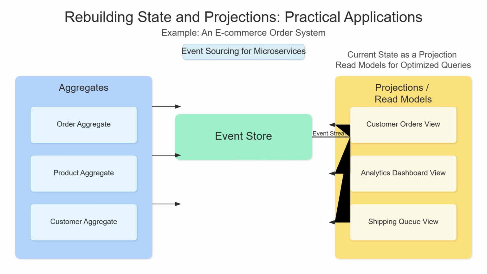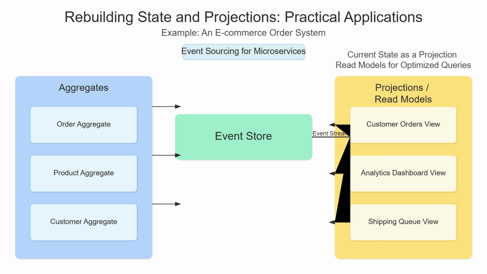A common misconception about event sourcing is that you always have to replay all events to get the current state. While that's true for the authoritative state, in practice we often use projections or read models for optimized querying. A projection is a materialized view of your event stream, designed specifically for efficient reads.